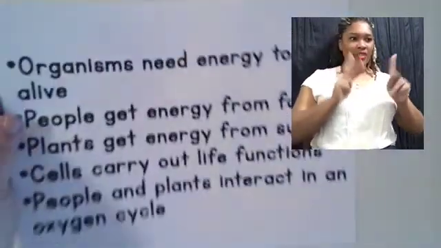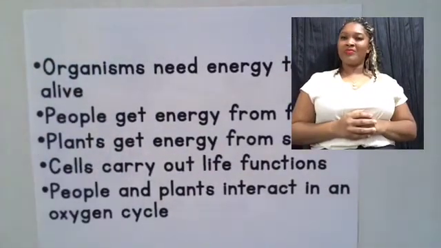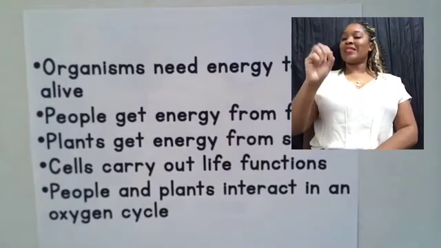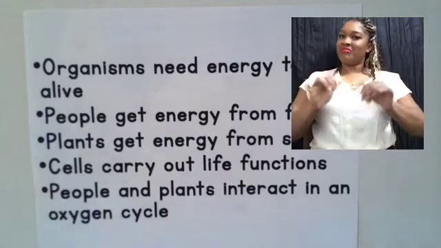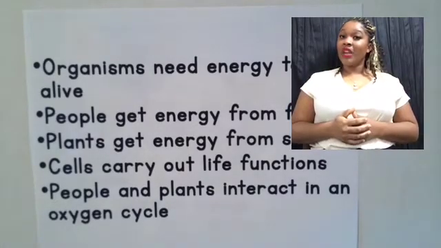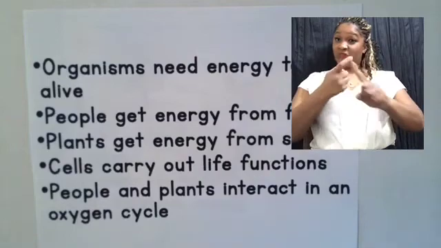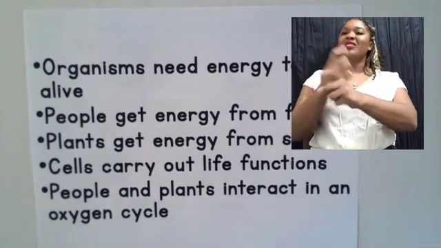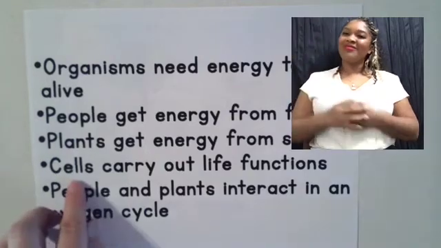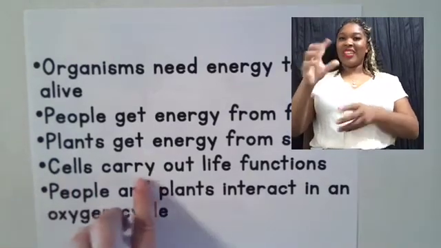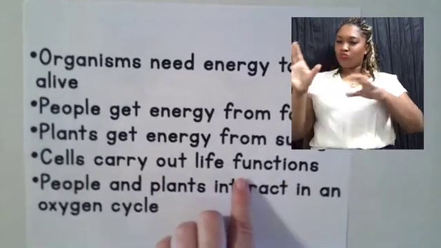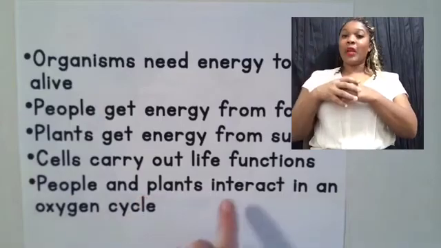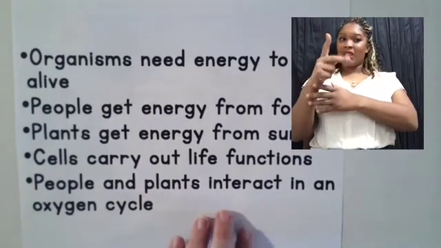So in this lesson, we have learned that organisms need energy to stay alive. People get energy from food, and plants get energy from sunlight. Cells in the plant carry out life functions, and people and plants interact in an oxygen cycle.